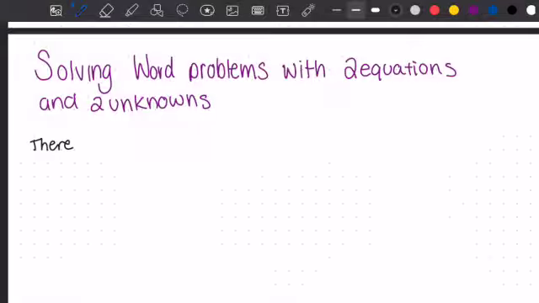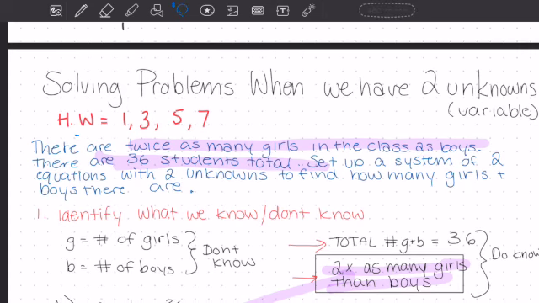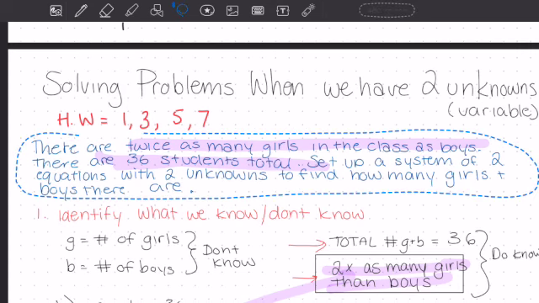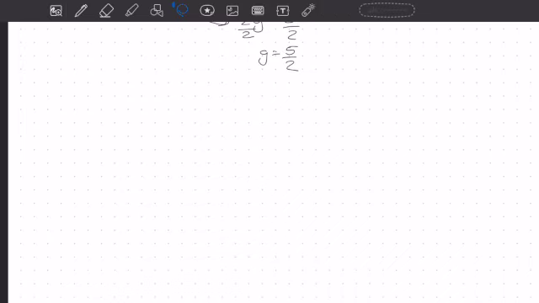I already wrote this one out. I'm just going to actually copy this from the previous page. There are twice as many.